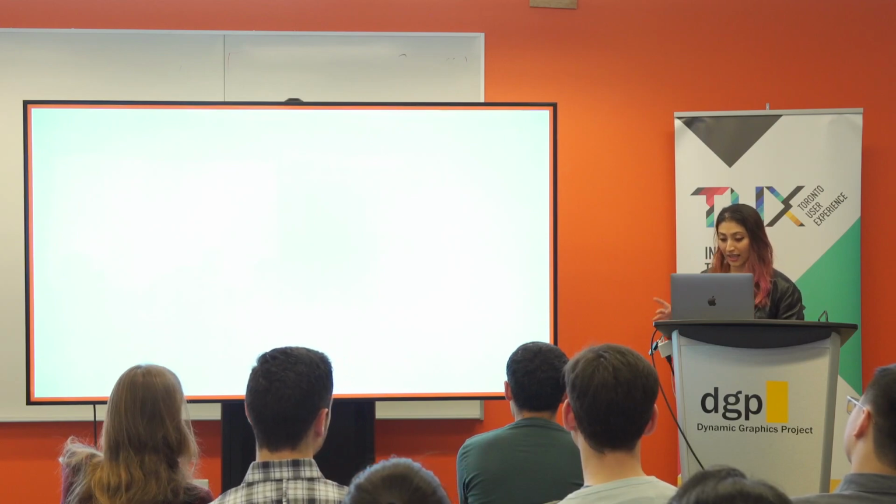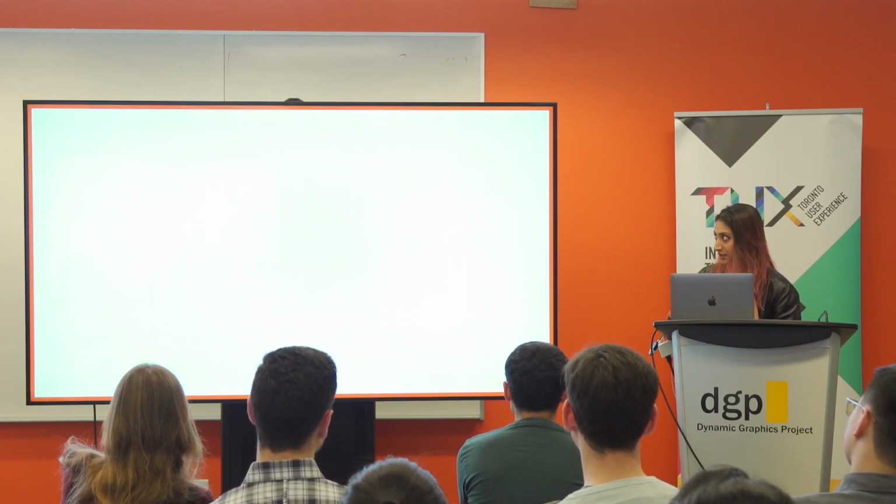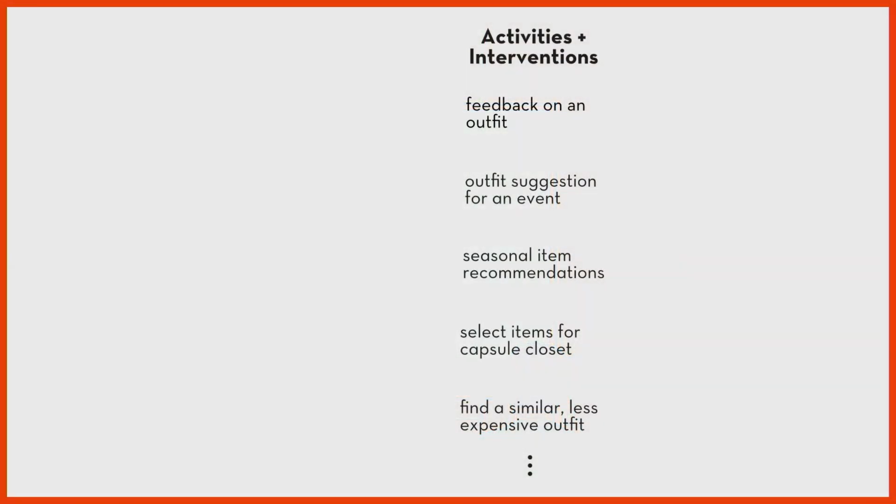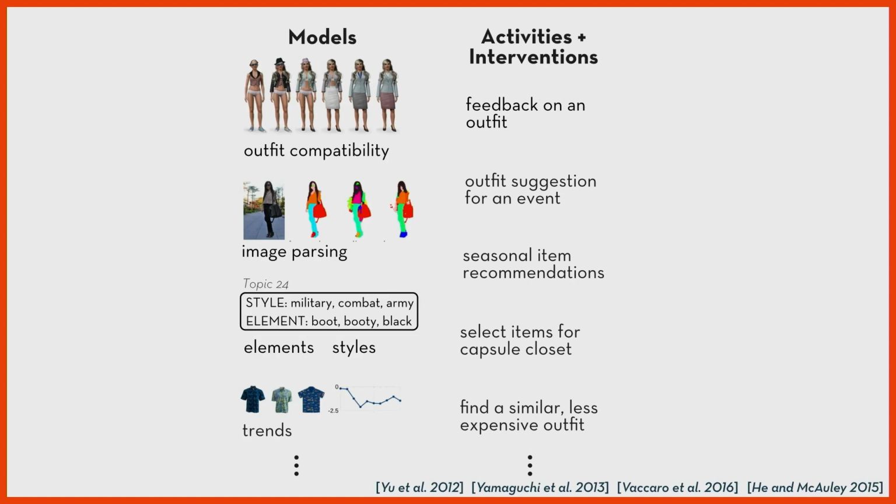Now, the interesting thing is if you set out to build something like this, it's a little intimidating because there are so many fashion activities out there. And then there's all of this great work being done in computer vision and natural language processing about outfit compatibility, and how to parse people and their clothing from images. So there are a lot of models you can build to support all of these different activities.